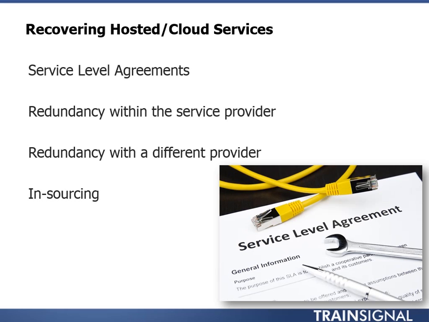Many hosting providers and cloud service providers have geographic redundancy just because they have this kind of awesome scale where they have tens of thousands of customers. So it's much easier for a hosting provider to justify geographic distribution than it is for any given organization.